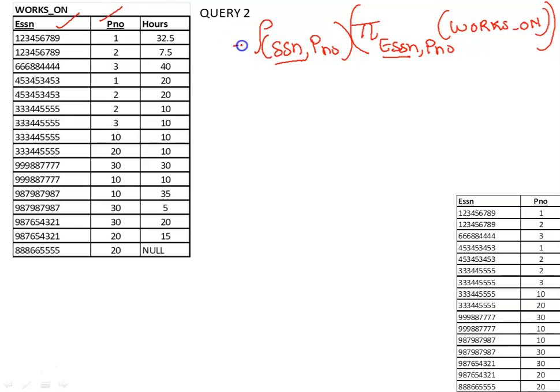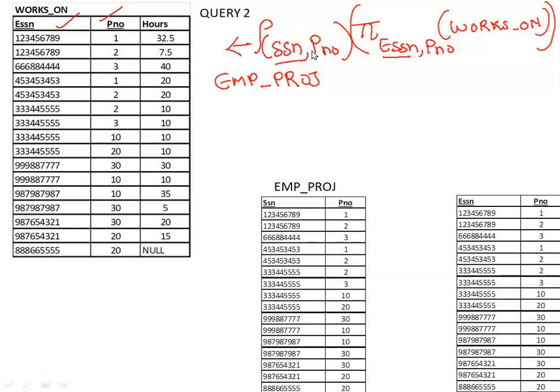And I store this into a temporary relation, EMP project. This would be my table. Okay, this temporary table is shown over here.